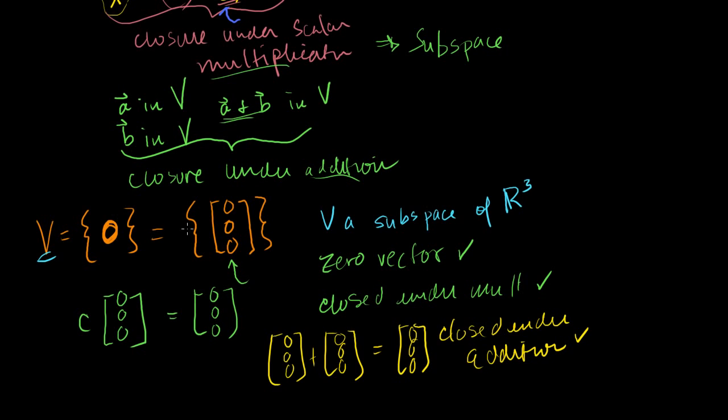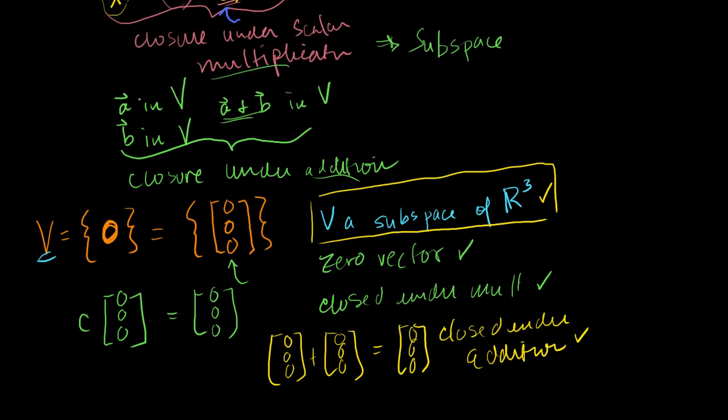Check. So it does turn out that this trivially basic subset of R3 that just contains the 0 vector is a subspace. Maybe a trivially simple subspace, but it satisfies our constraints of a subspace. You can't do anything with the vectors in it that'll somehow get you out of that subspace, at least if you're dealing with scalar multiplication or addition.